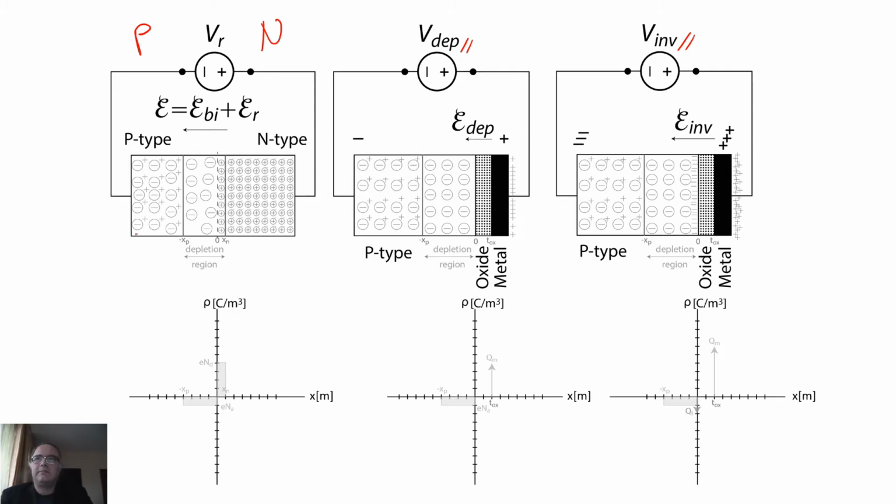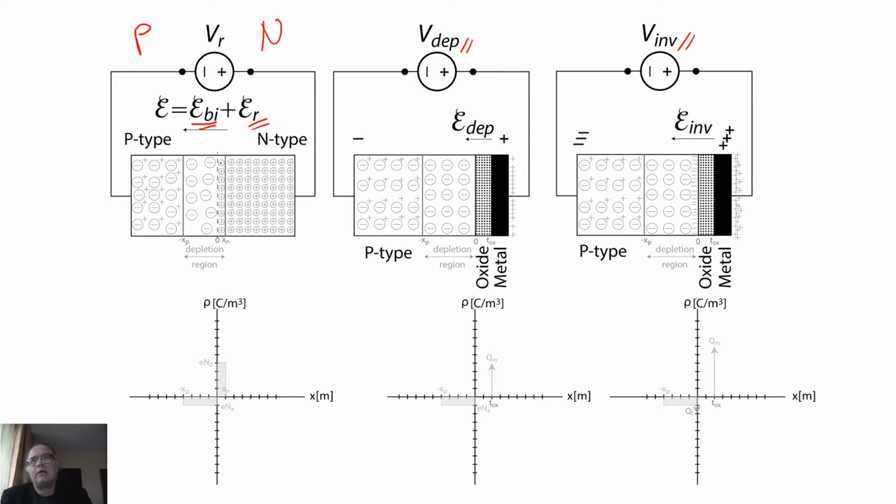So let's briefly discuss the structure, the PN junction. What we have here is an electric field, which is the sum of the built-in electric field plus the externally applied reversed bias field. This will give an extension to the depletion region. Almost no current will be able to conduct through the structure because it's in reversed bias.